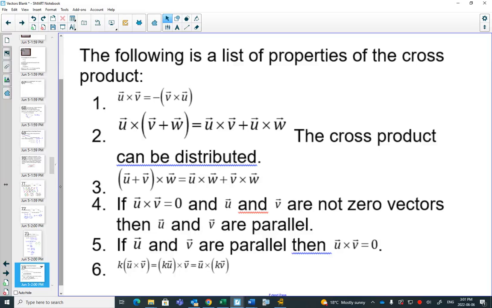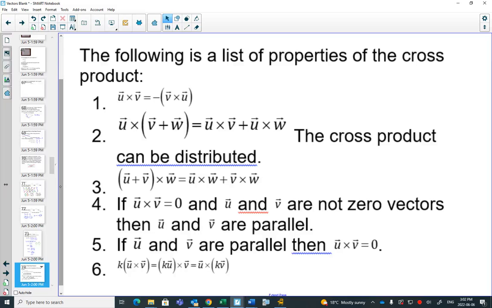Properties of our cross product? Well, we already know that the order matters, but it's just the opposite direction from one to the other. You can distribute the cross product. I have no idea why you would want to. Because we know that adding two vectors is really easy to do.